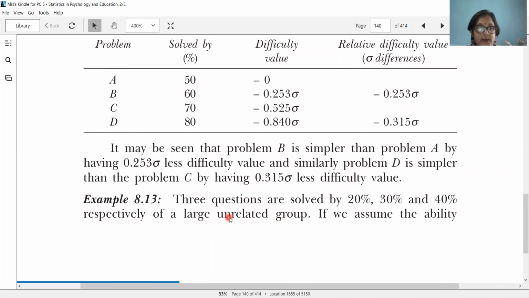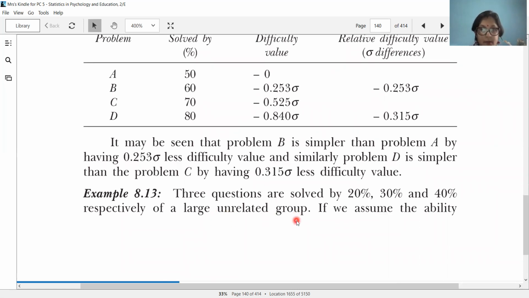Okay, so this is a problem of the same type of application. Three questions are solved by 20%, 30%, and 40% respectively of a large unrelated group.